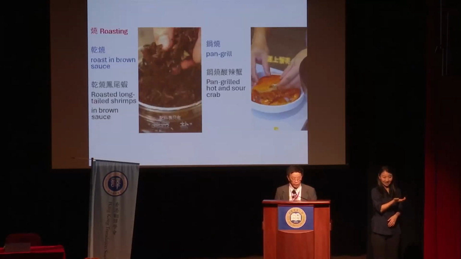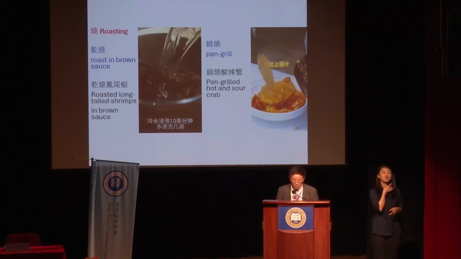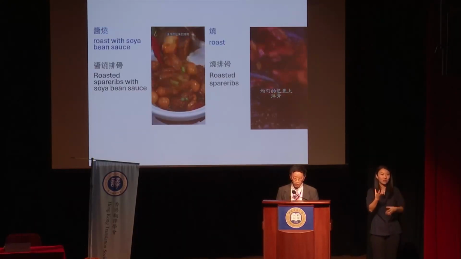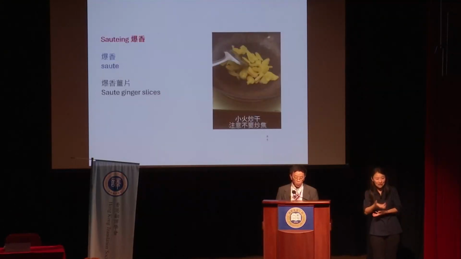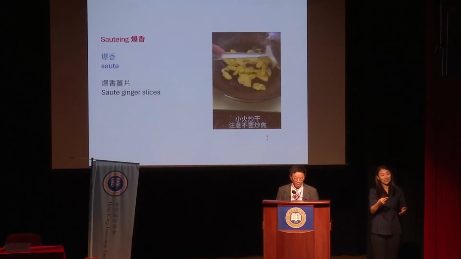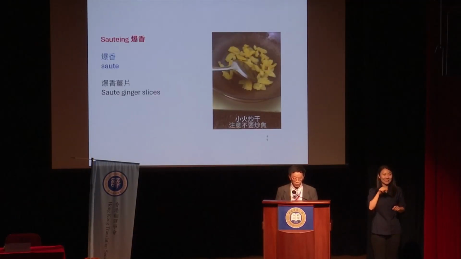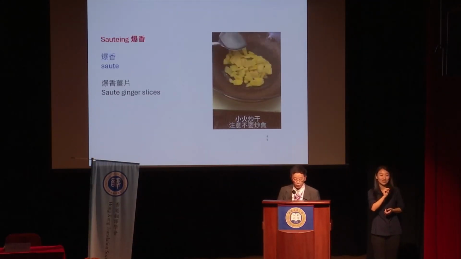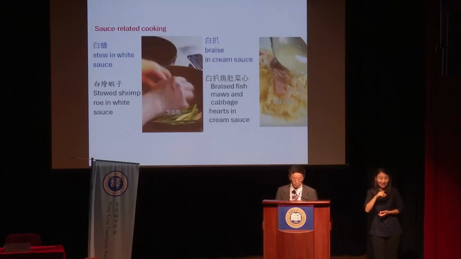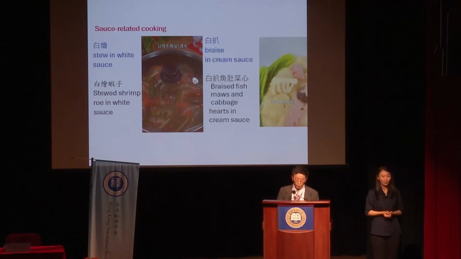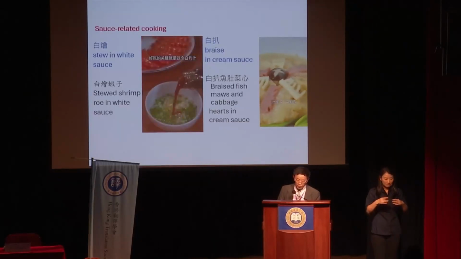You can have 干烧, you can have 锅烧, you can have 酱烧, you can simply 烧 or 爆香. 爆香 is saute, okay? Sauteing is one common method. 爆香姜片, saute ginger slices.